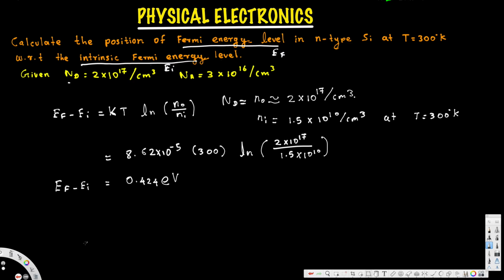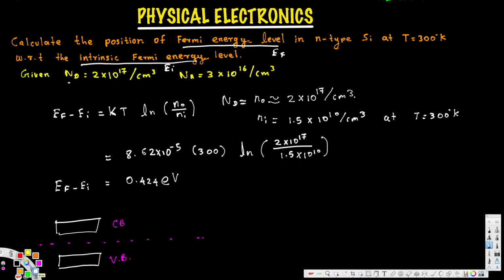Now let's look at the diagram. Here we have a conduction band and valence band. The top part is conduction band and this is valence band, and the intrinsic energy level is always in the middle of this.